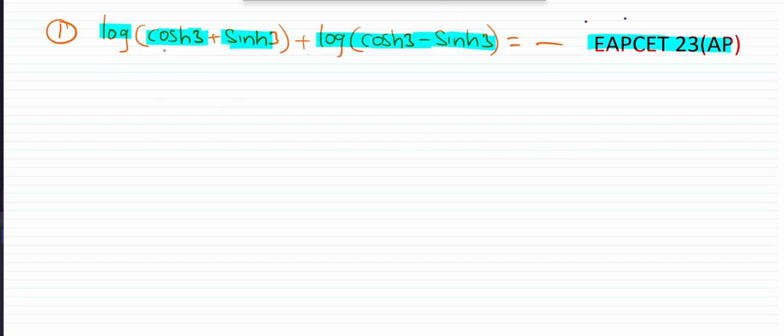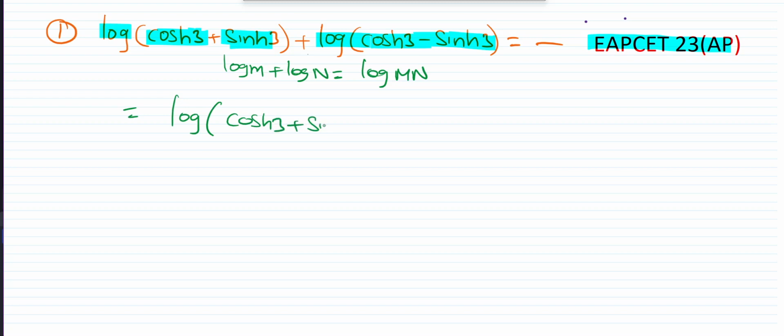This is in the form of log m plus log n. We know the formula, that is log of m into n. So this is log of cosh 3 plus sinh 3 into cosh 3 minus sinh 3.